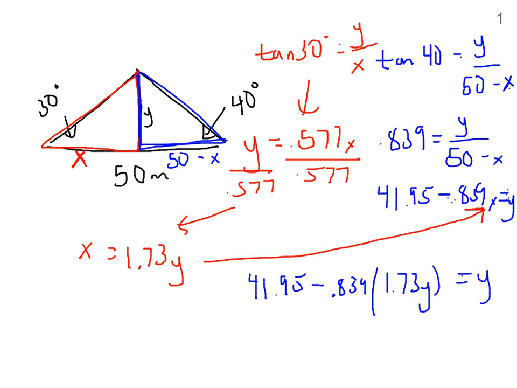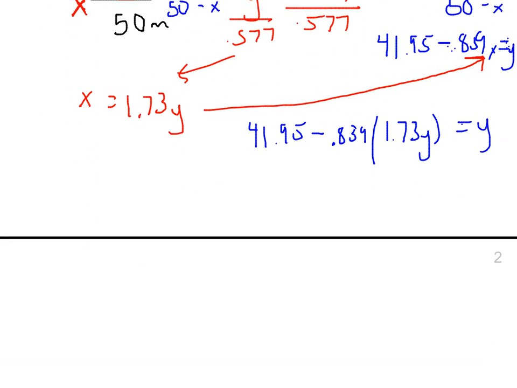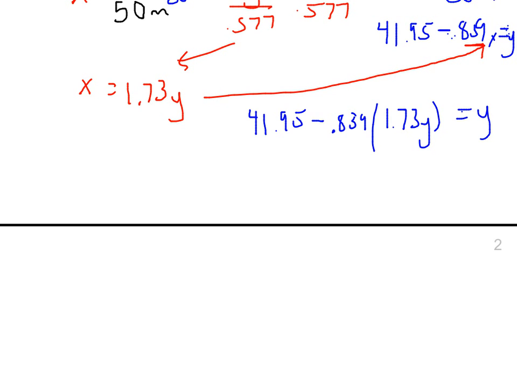So what I can do from here is try to get the y's by themselves and then solve for them. So I still have the 41.95 minus that, the 1.73 times 0.839 gives me 1.45y equals y.